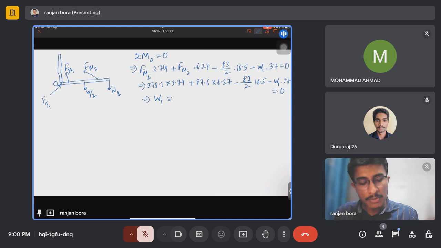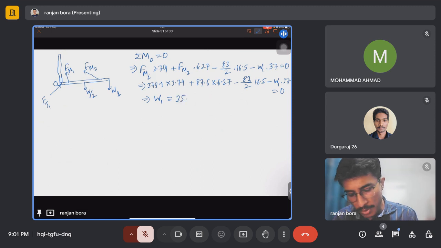From here we will find out W1. W1 is 35.07.